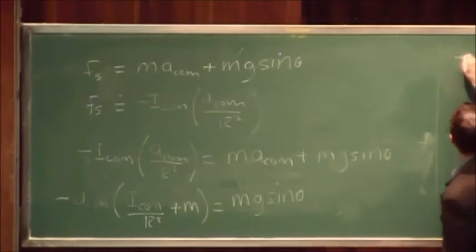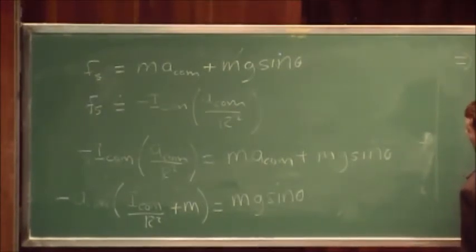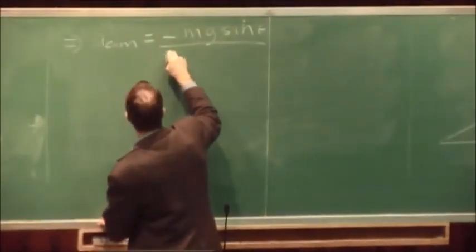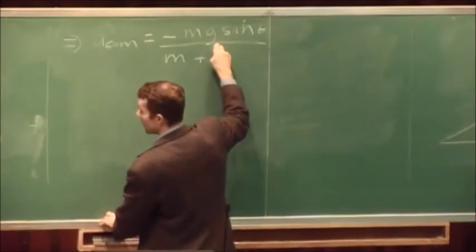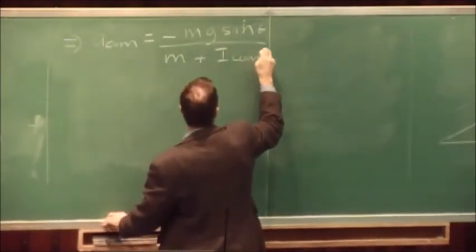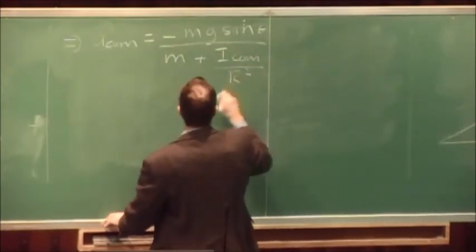And so this implies that A center of mass is equal to minus mg sine theta all over M plus I center of mass all over R squared.